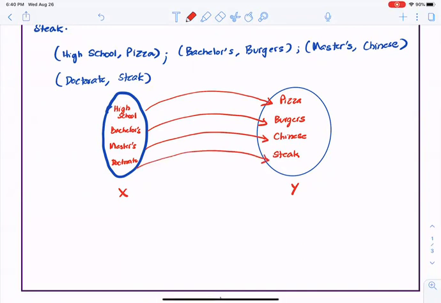So here, the Y part, which depends on X, is what we call the dependent variable, because it depends on X. And the X part is the independent variable.